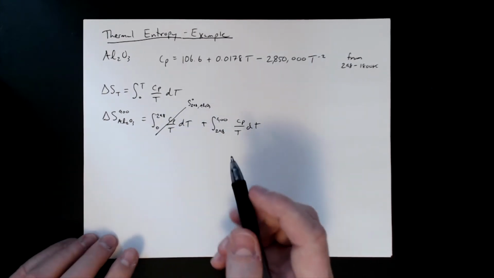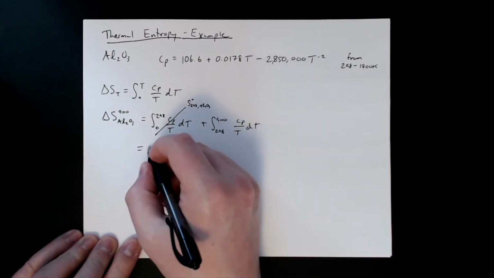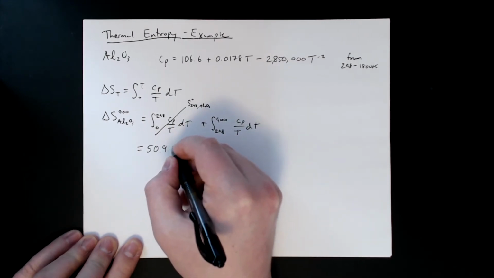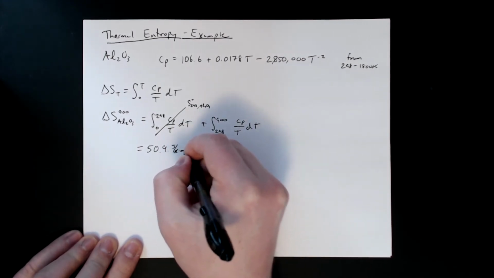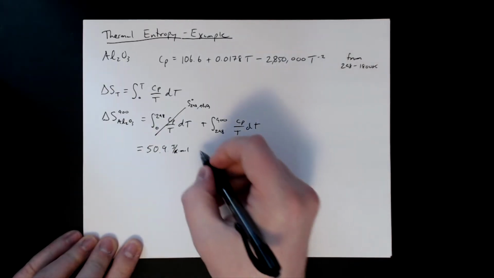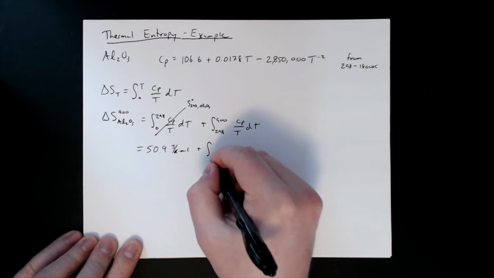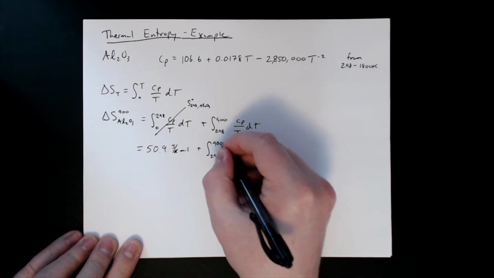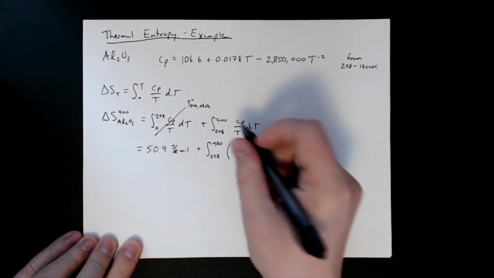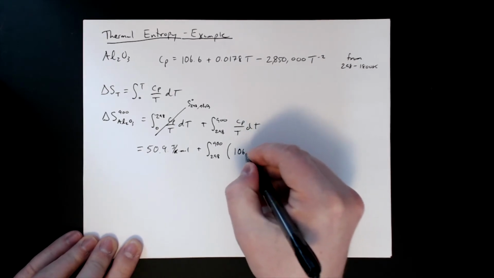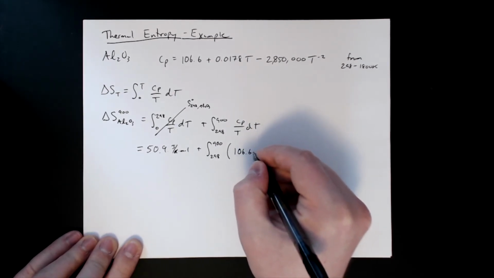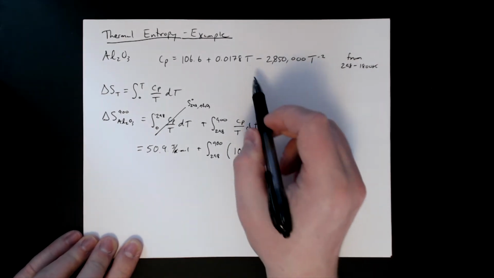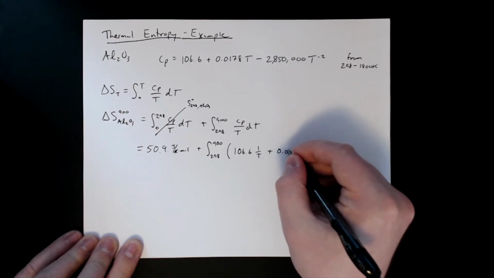So if we plug those values in, this first value right here was the value in the slide as 50.9, in joules per mole K. And then when we plug in the heat capacity data here, we're going to get 106.6, and that's going to be 1 over T, because we're dividing by T. The second term has a T, so those are going to cancel out, and we basically have a constant.